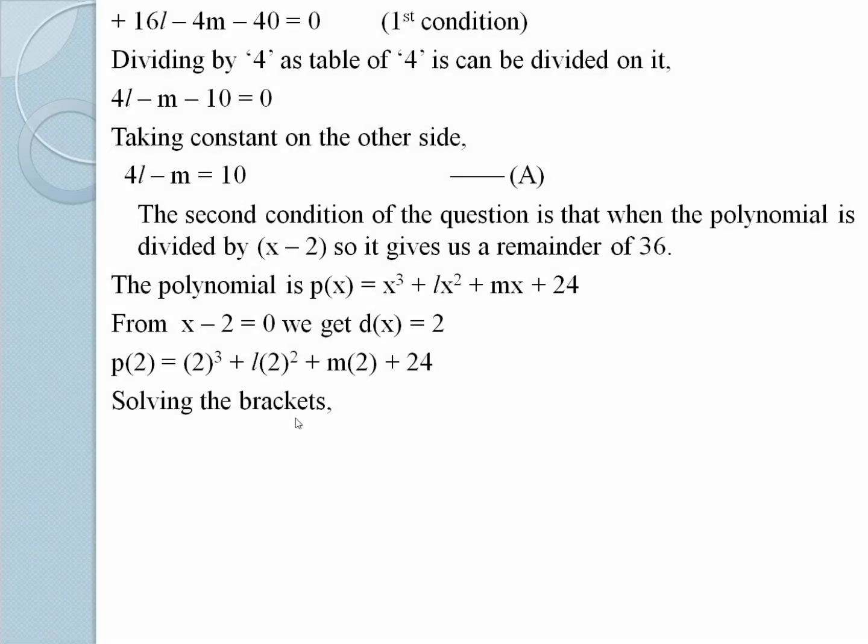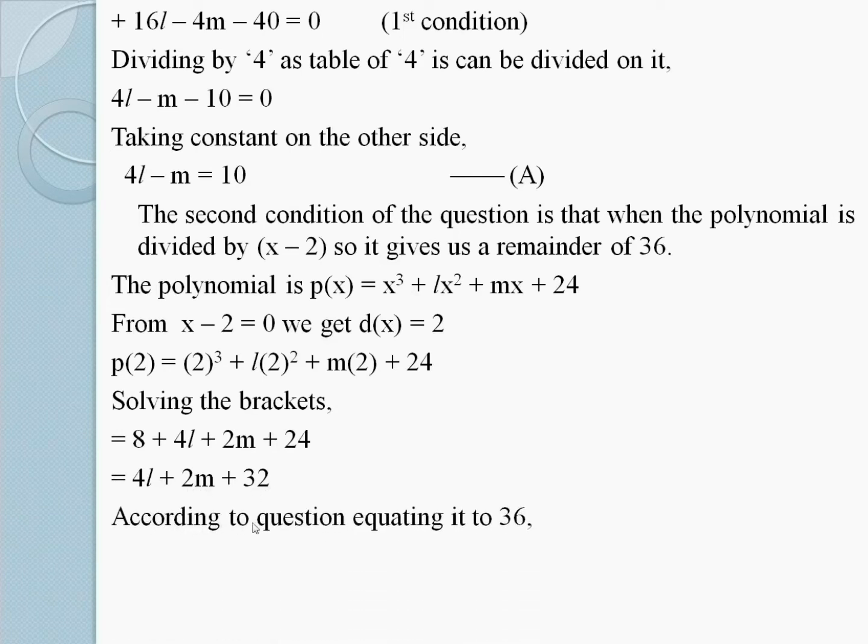Solving the brackets: 8 plus 4l plus 2m plus 24, 4l plus 2m plus 32. According to the question, equating it to 36, 4l plus 2m plus 32 equal 36. Second condition.